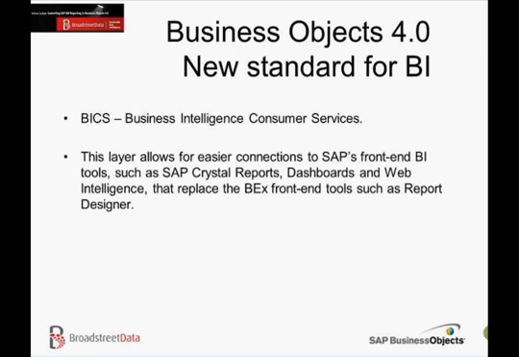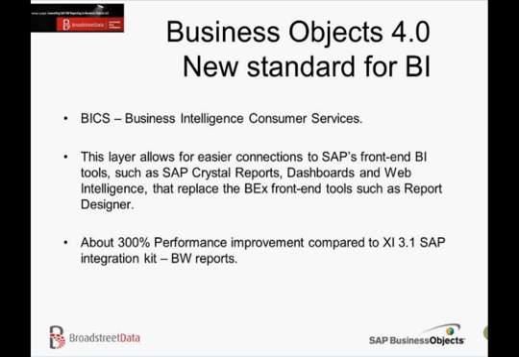Previously, in the 3.1 world or previous generations of BusinessObjects, if you wanted to query BW, you had to go through the SAP integration kit, which was considerably slower in performance and considerably more difficult to integrate. Now this becomes more streamlined, and we have the capability within the BI tools to go directly against BW through BICS.